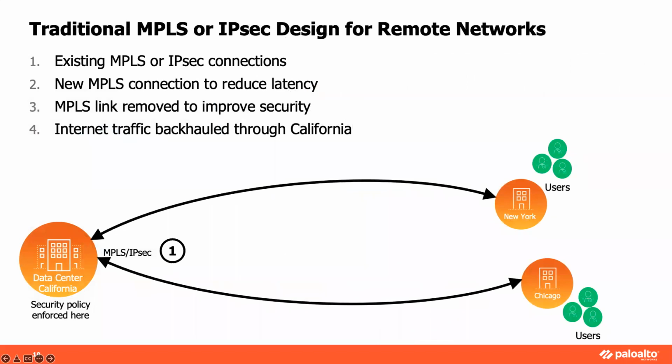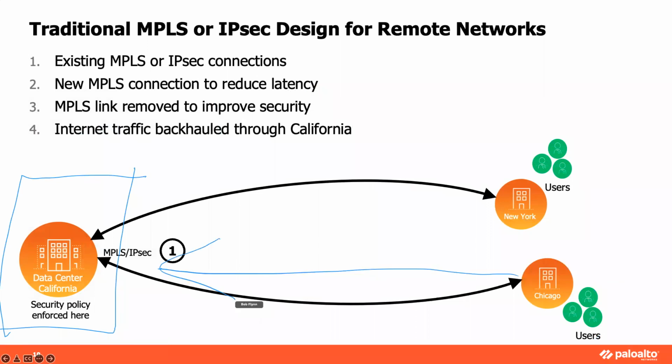Traditionally, what did happen is that for users in branch offices, like say New York and Chicago here, when they had to talk to each other, they would go back to the main data center.